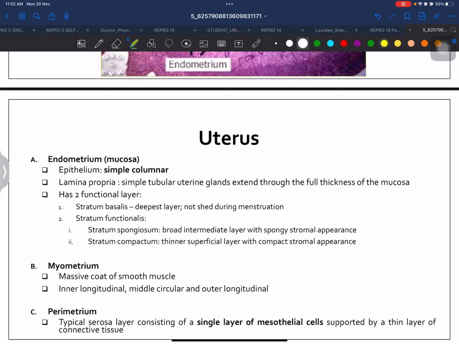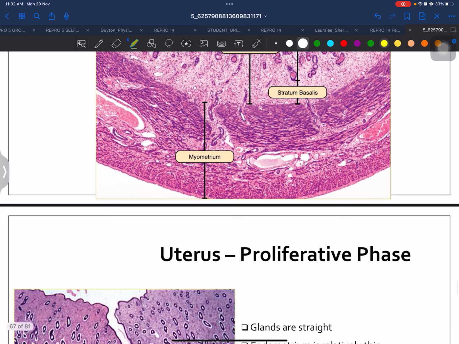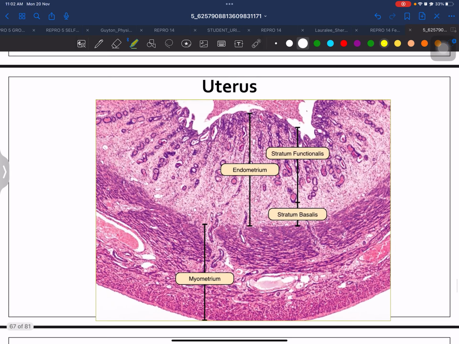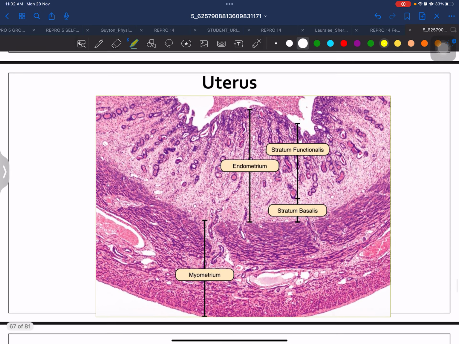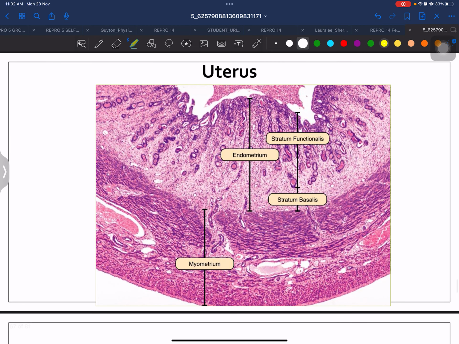These are the endometrium, these are the myometrium, and these are the perimetrium. Perimetrium is serosa. Myometrium is a thick muscle layer: inner longitudinal, middle circular, outer longitudinal.